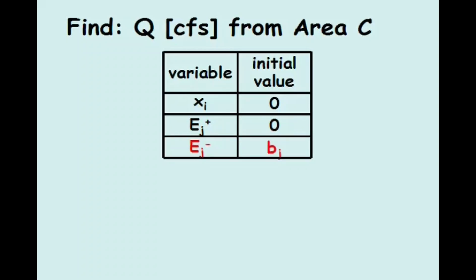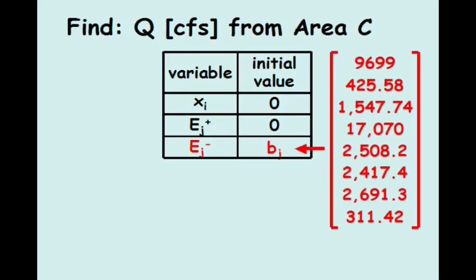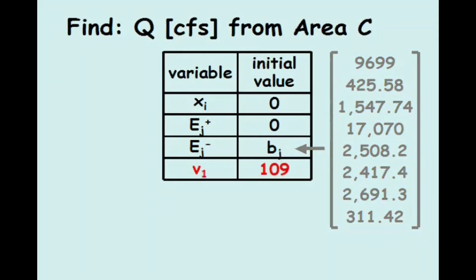The negative error variables E1 minus through E8 minus with initial values of Bj, where Bj equals the right-hand side of the ion balance constraints, and the artificial variable V1 with initial value of 109, which is equal to the right-hand side of the water balance constraint. The units of all these variables are in cubic feet per second, and all are non-negative.